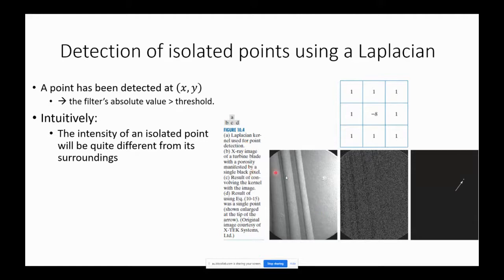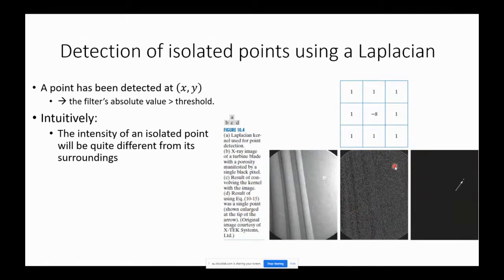That's on this X-ray image of a turbine blade, where you want to locate some defect. So this is a porosity manifested by a single black pixel here. This is the result of convolving the kernel with the image, and then we just apply a thresholding method here.